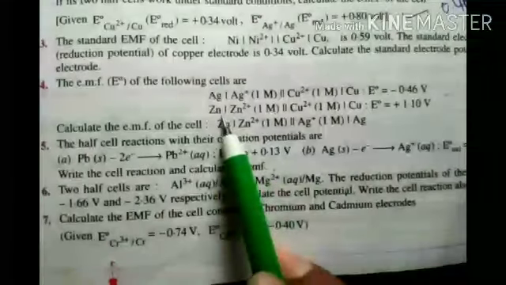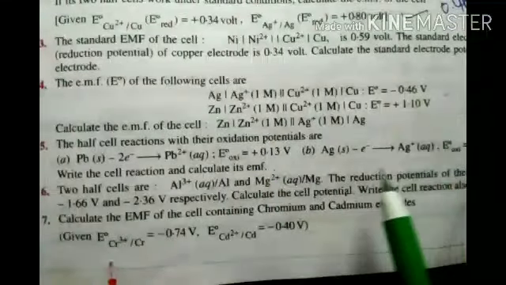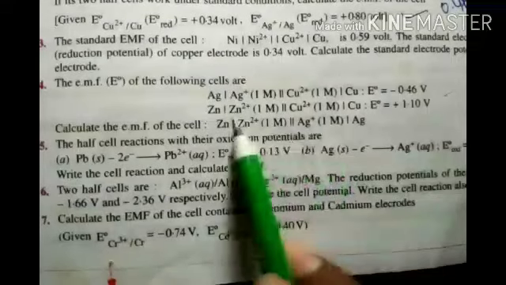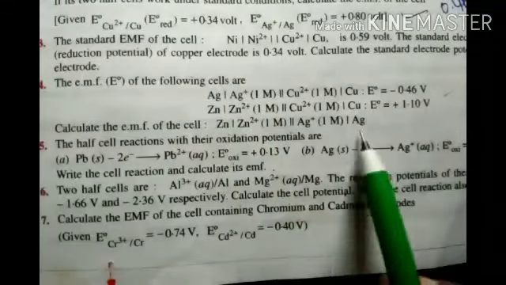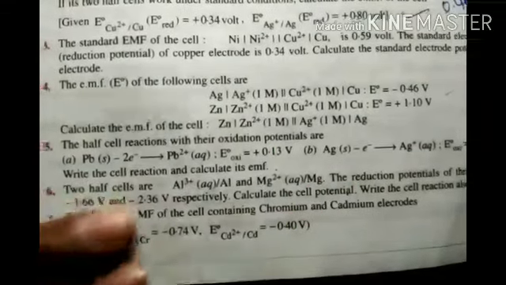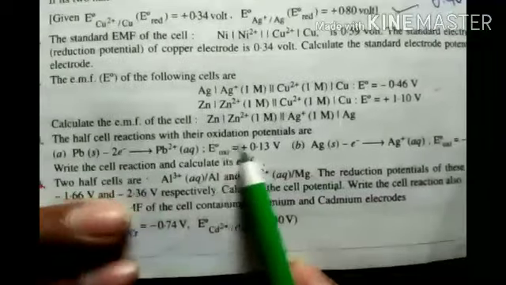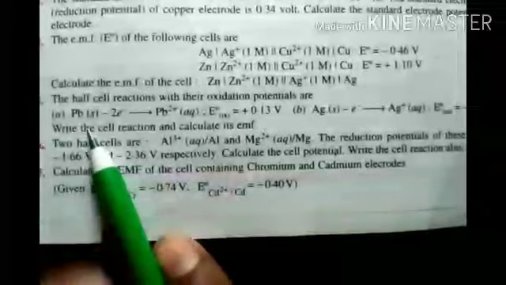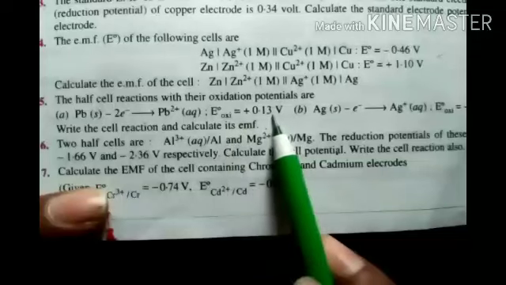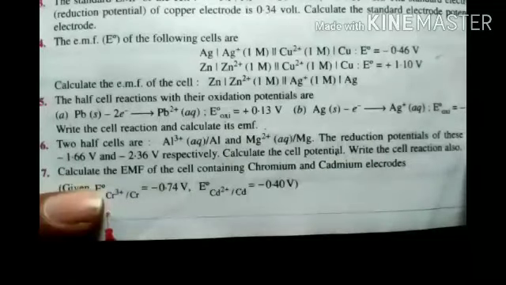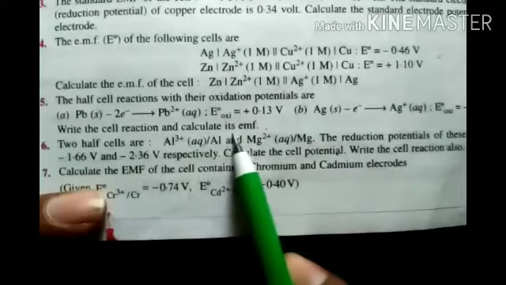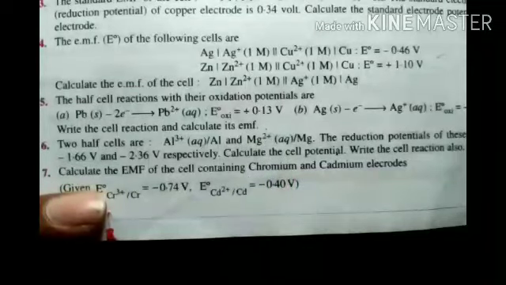Next, the half cell reaction oxidation potential of lead is given and silver also given. Write the cell reaction and calculate its EMF.